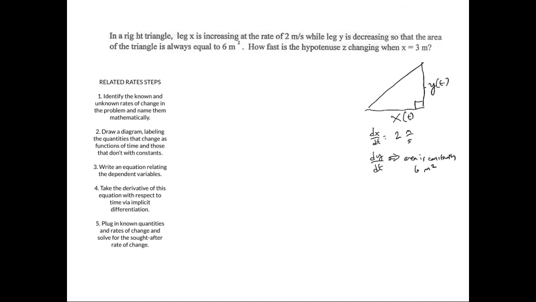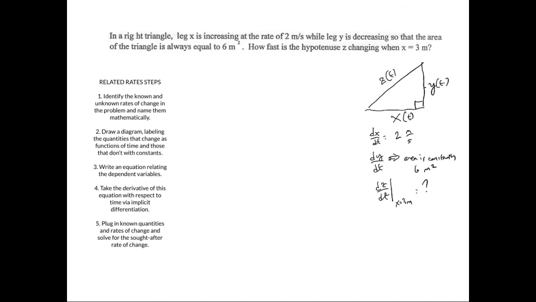And we'll come back to that in a moment. How fast is the hypotenuse z, z of t, changing? So what is z prime, or dz/dt, when x is 3 meters? And that's what we're looking for.